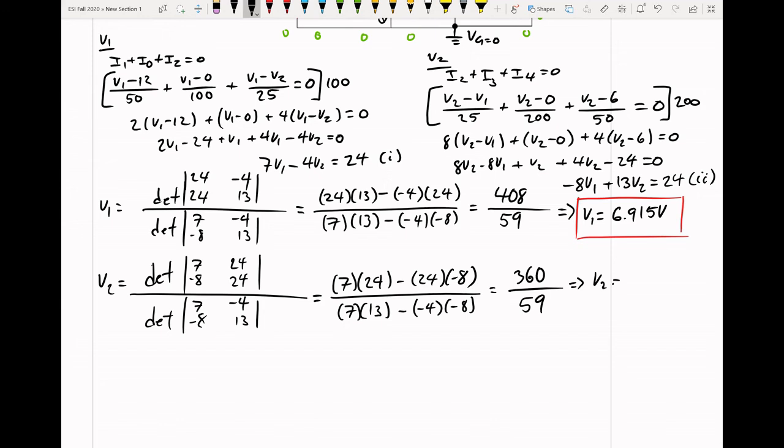Therefore, V of 2 will be equal to 6.101 volts.